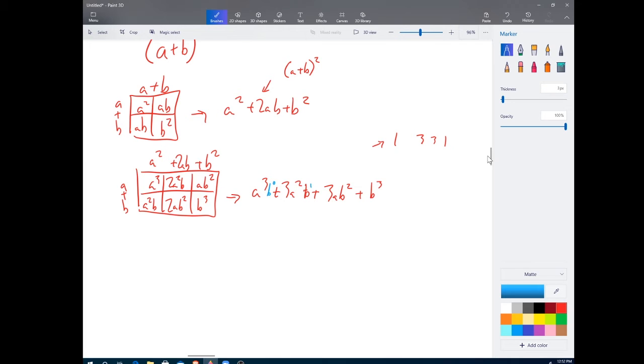This would be b to the first, a to the first, a to the 0th. Just we usually don't write those things. So this one was a plus b cubed.